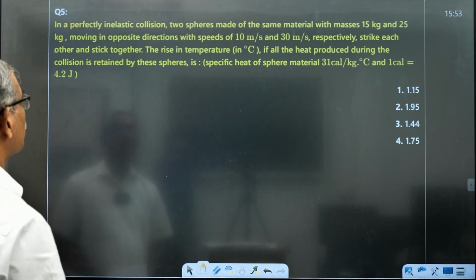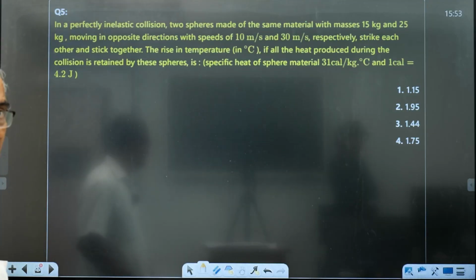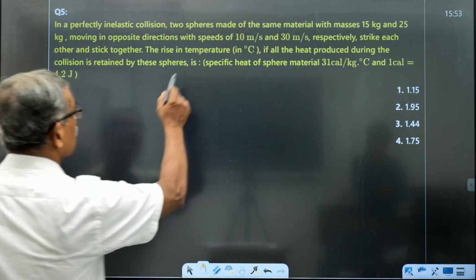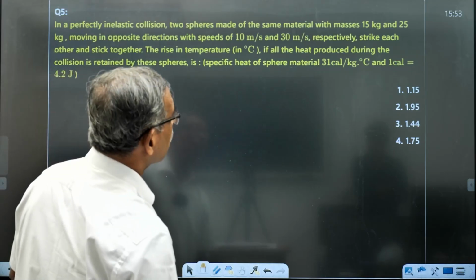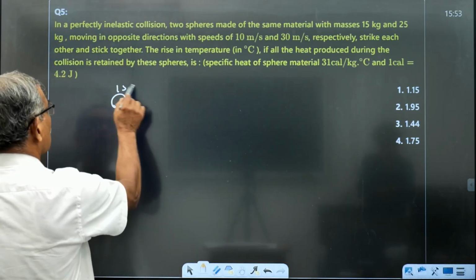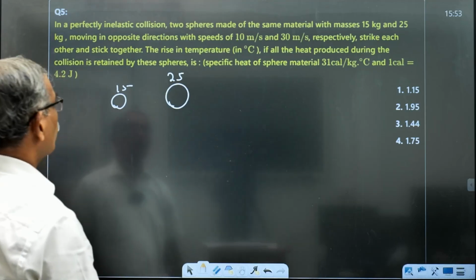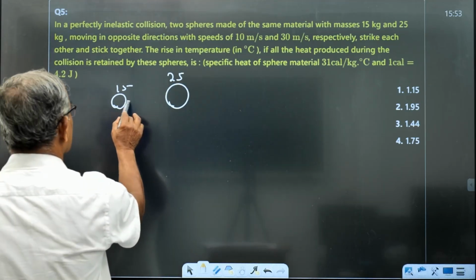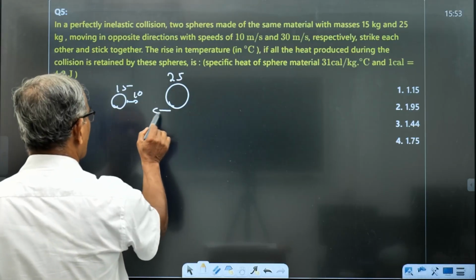Now, first of all, we have to find out what is the energy loss in this collision. Now, the two spheres, mass is 15 and the other one is 25, and they move in opposite directions with velocity. This is 10, and the other one is minus 30, opposite direction.